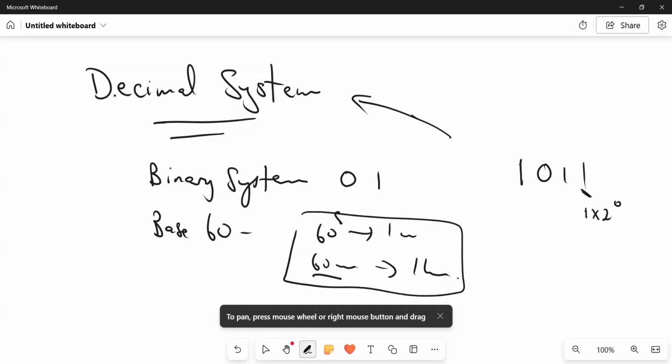So this 1 means 1 multiplied by 2 to the 1 power. This 0 means 0 multiplied by 2 to the 2nd power. This 1 means 1 multiplied by 2 to the 3rd power, and so on, right?